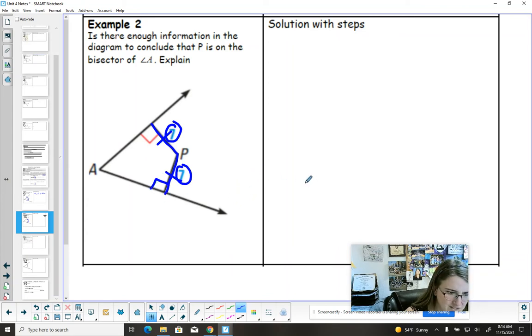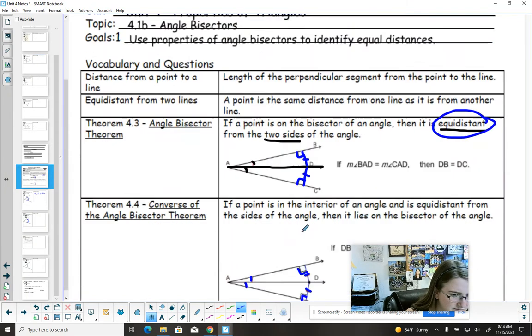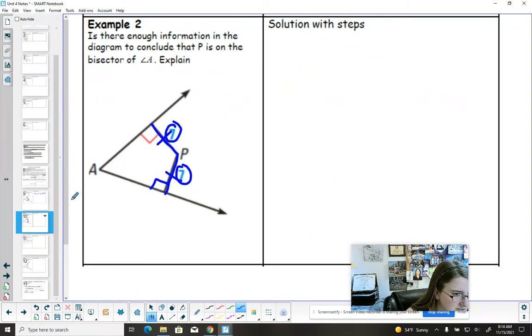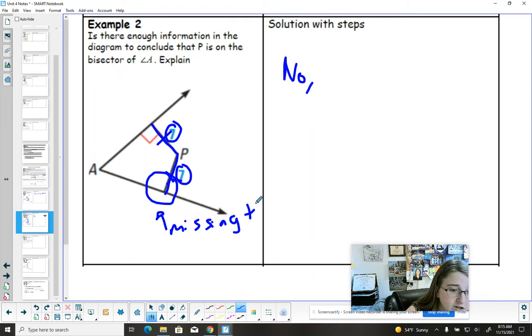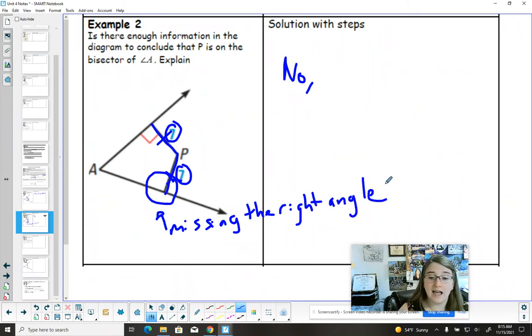Does one guarantee the other? No, it wouldn't. Even though this is a right angle right here, which means I'm coming straight on, I have no right angle right here. So nope. What we're missing is that right angle. We need both to be considered equidistant. And when they're equidistant, that guarantees that P would lie on the angle bisector.